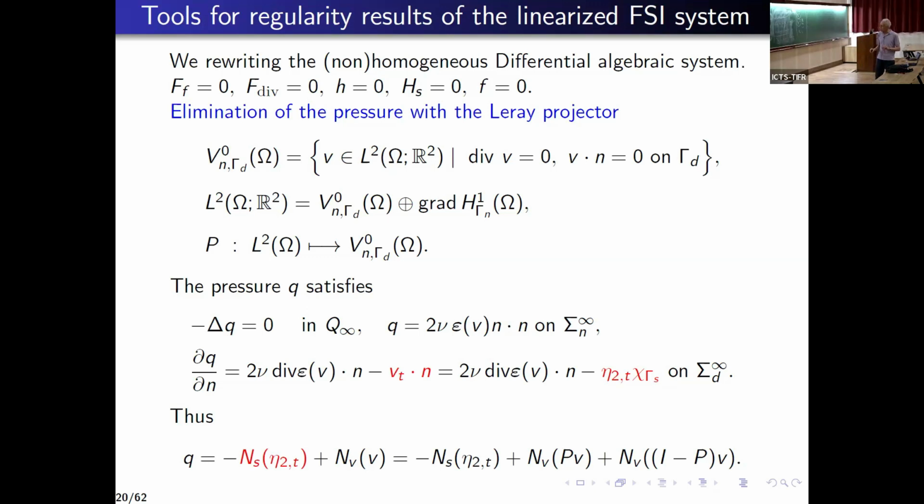So when I replace Q in the structure equation in order to obtain something in a nice form, I have to take into account this term and the other term.